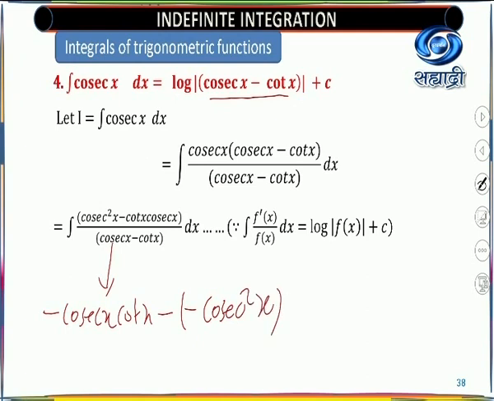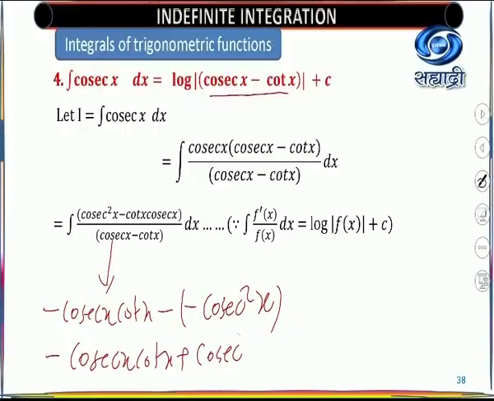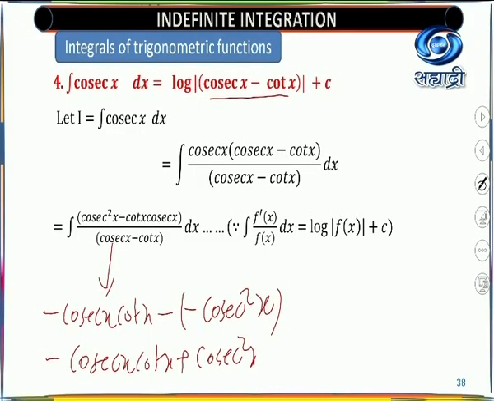So this minus becomes plus. So you will get minus cosec x cot x plus cosec square x. So here you are having cosec square x minus cot x cosec x. This way, again your form is f dash x upon f x.